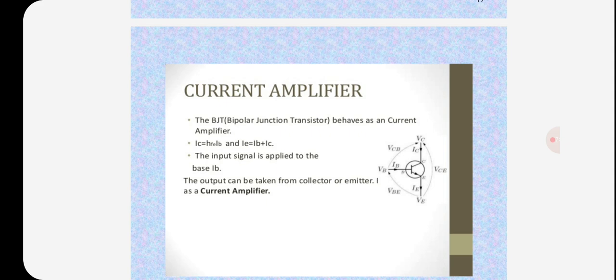Thus, a small input voltage results in a large output voltage, which shows that the transistor works as an amplifier.